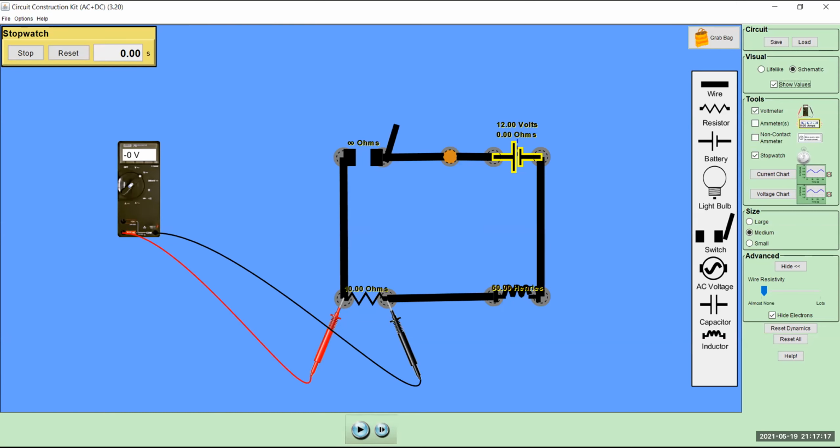At this point, there is no current going through the circuit. This is trying to push current this way, and in doing so, this one is going to oppose it. Since there is no current, the initial voltage should be 0. And as time evolves, the current starts to go higher and higher until this voltage should be around 12 volts in here.